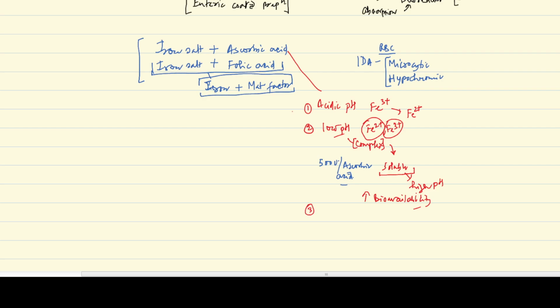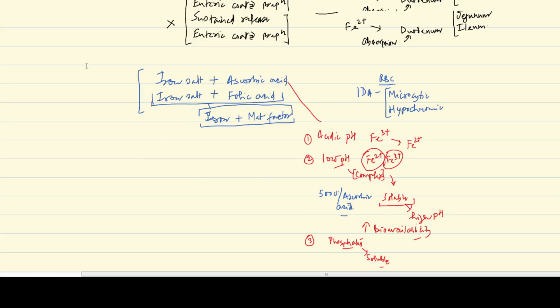The third reason why we use a combination with ascorbic acid is phosphates. When this complex is formed, there is also formation of phosphates of iron. At this low pH, these phosphates also become soluble. So all in all, the bioavailability of the ferrous iron increases. So that's the whole story.